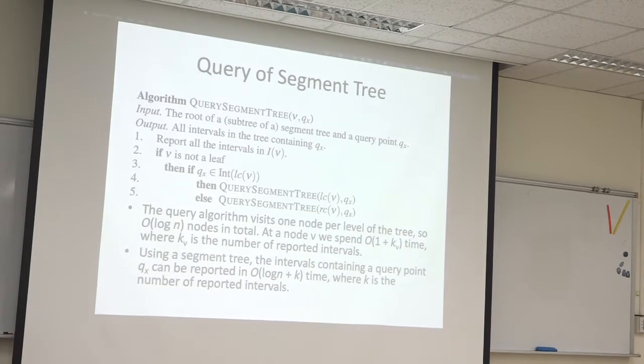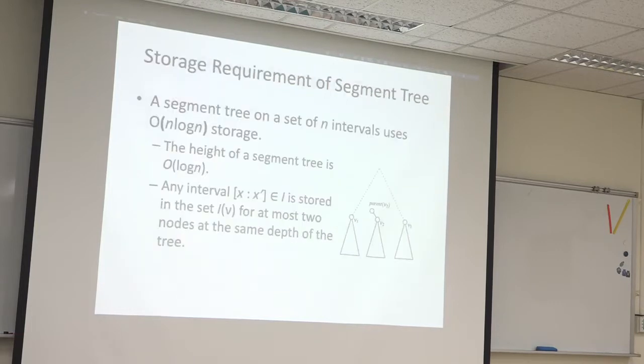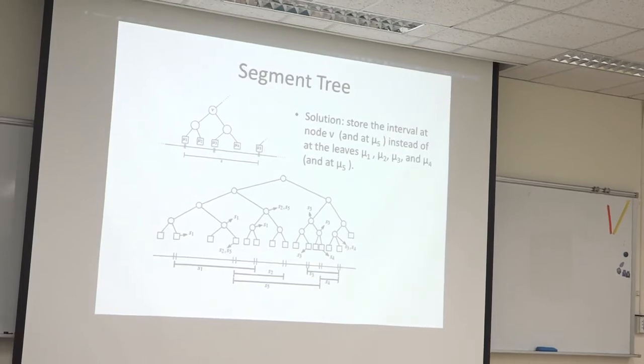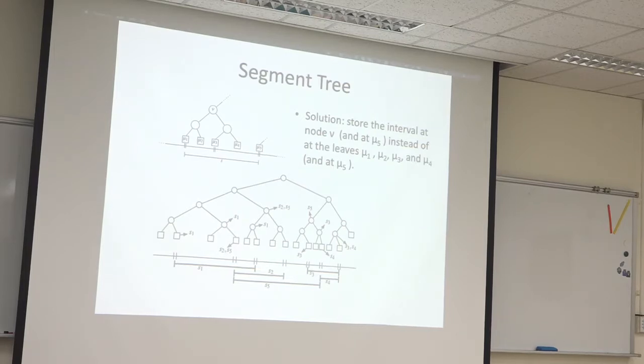Because you start from the root, you can think about this: the root's associated interval is going to be the whole real line, because it's the union of all the intervals of its subtrees.